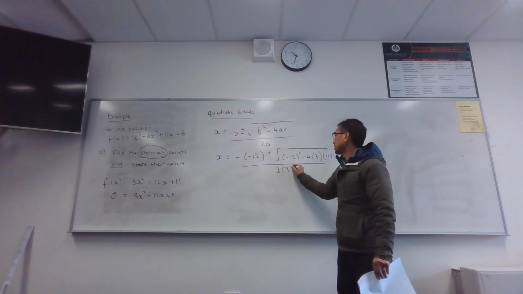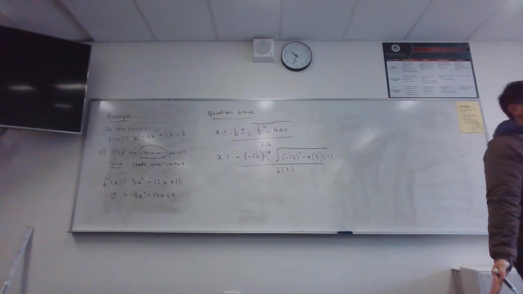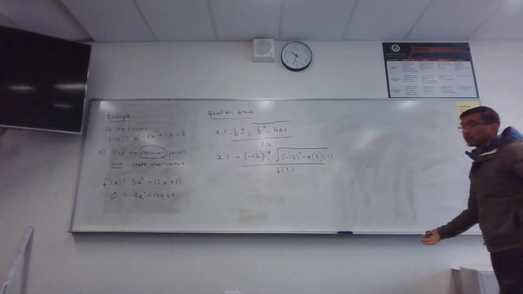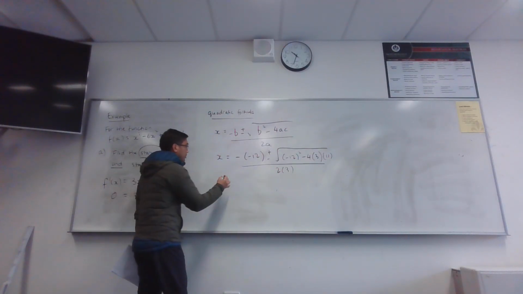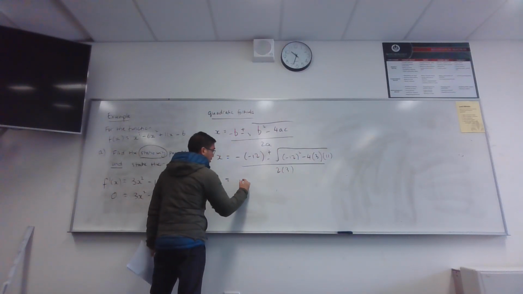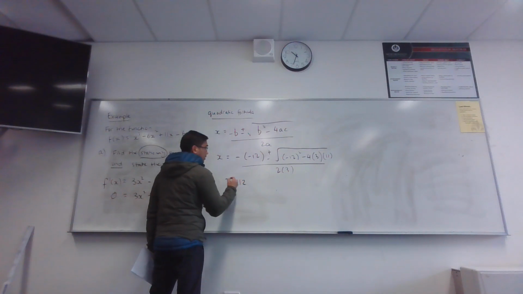And 2 times 3. Okay, we've got to work this out. You can do it on your calculator, but it's best you do it on paper because you are always tested without a calculator.